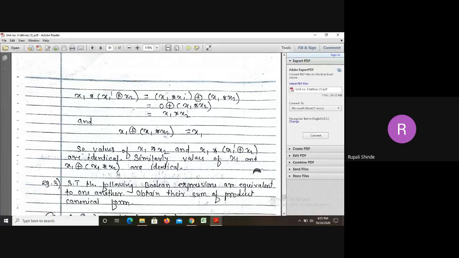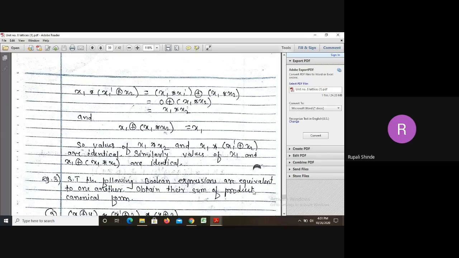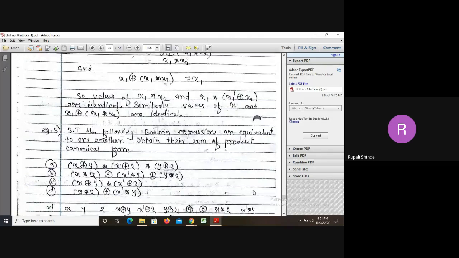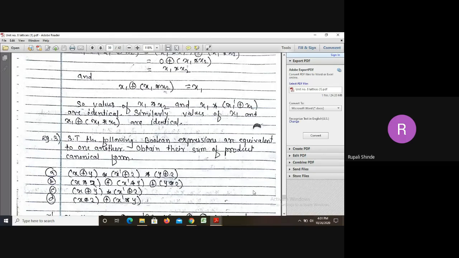Now, the next question is given as, show that the following boolean expressions are equivalent to one another and obtain their sum of product canonical form. So first of all, we will think about what are the forms that are identical to one another. So these are four forms given here. You have to draw a truth table for these four forms, and then you have to tell me what forms are identical to one another.